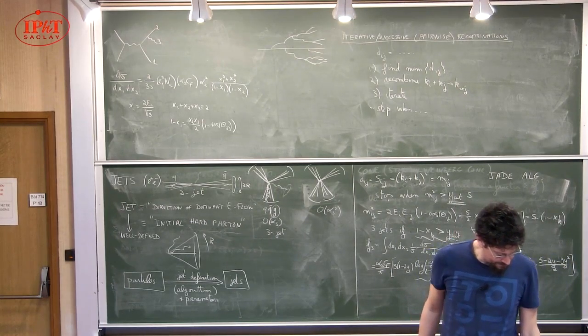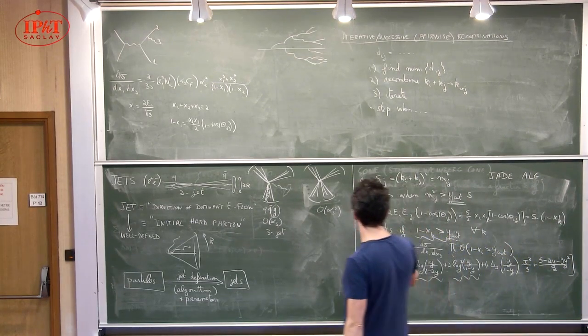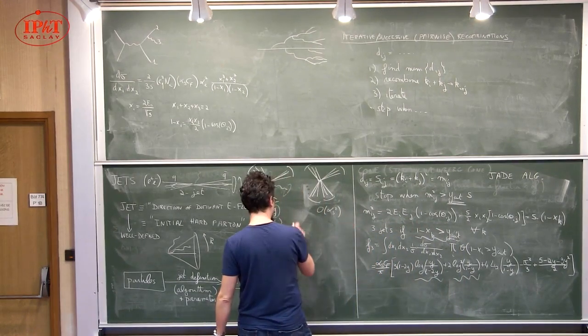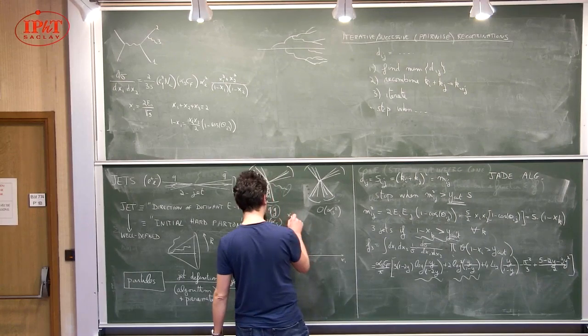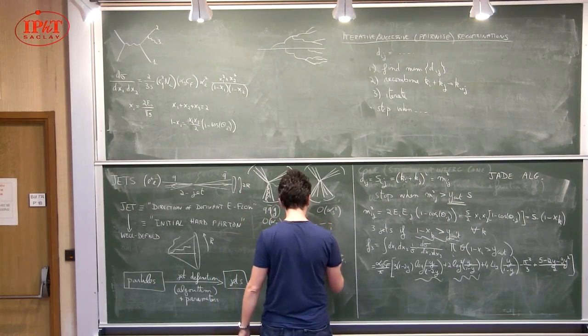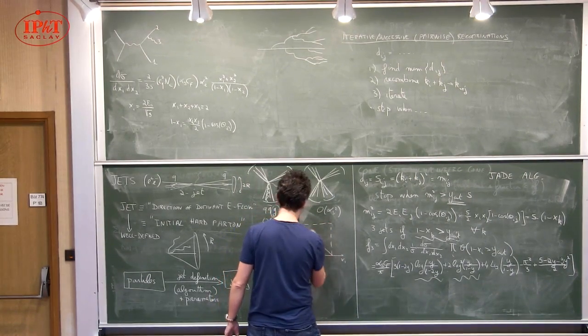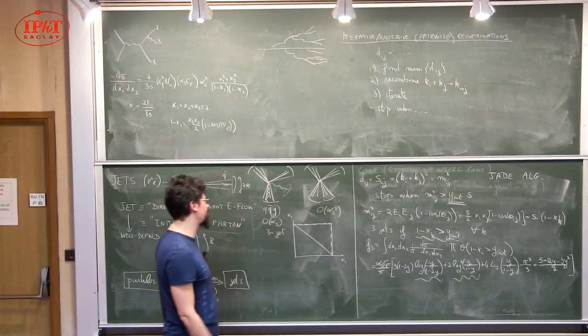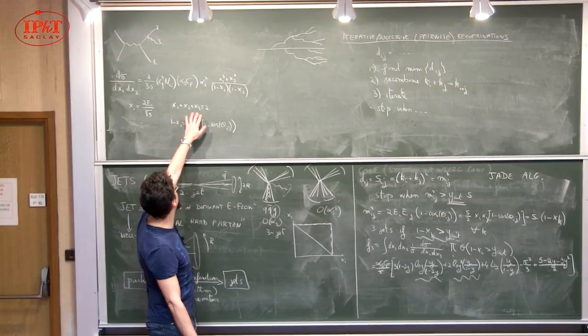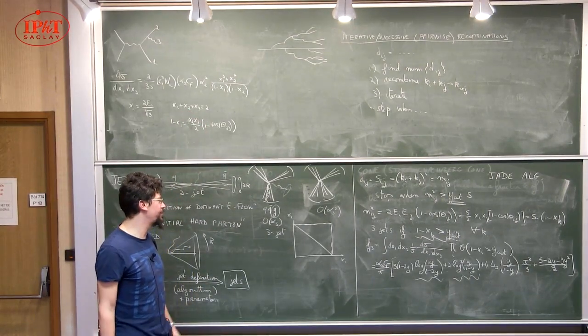Okay. One thing you can do is look at the phase space in x1 and x2. They are essentially bounded to be in this triangle here: x1 and x2 between 0 and 1, and x3, which is 2 minus x1 minus x2, also between 0 and 1.